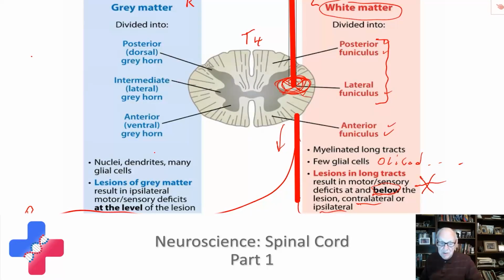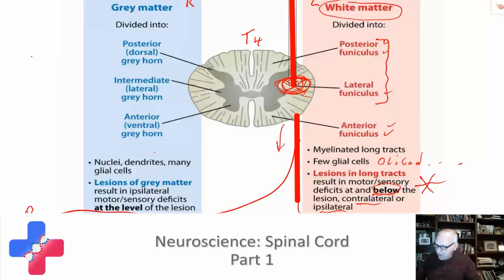It's so easy you'll stumble over it. Anytime you see an exam question and you have a cord lesion at a certain level in the white matter, below that lesion is where the motor or sensory function is lost. Again, it's below, ipsi or contra.